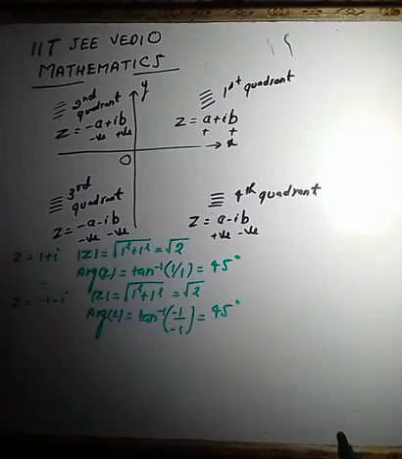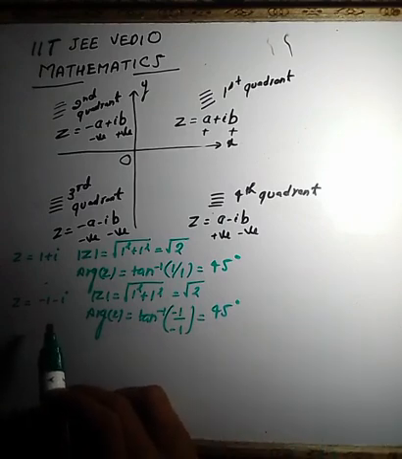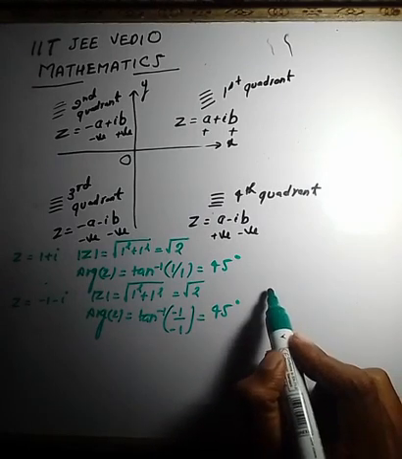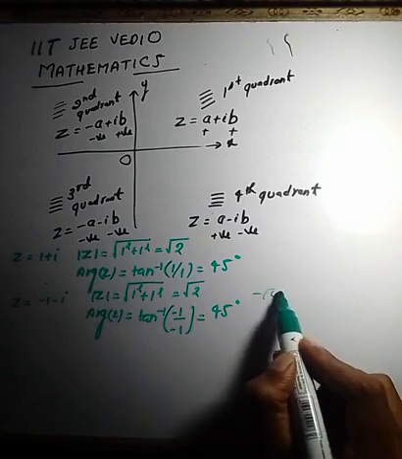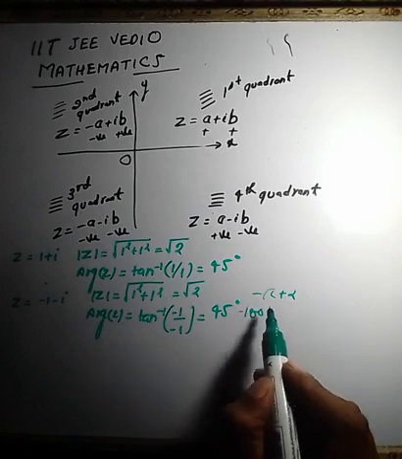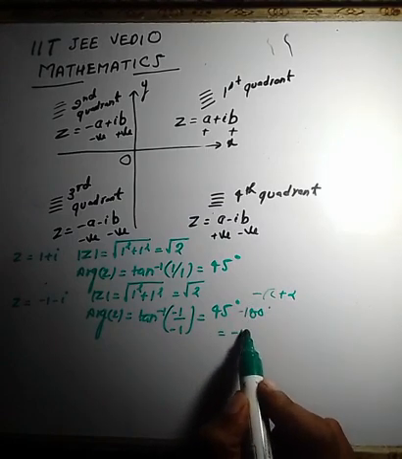Okay, so 45 degree, because it is lying in the third quadrant, then it means it will be minus pi plus alpha, so minus 180 plus 45, so equals to minus 135.